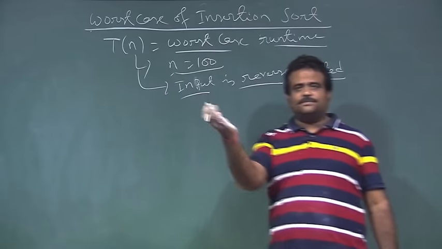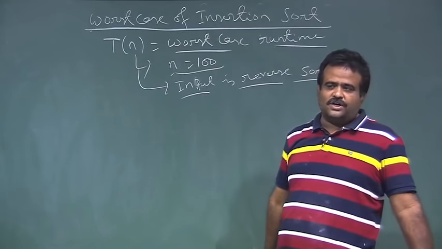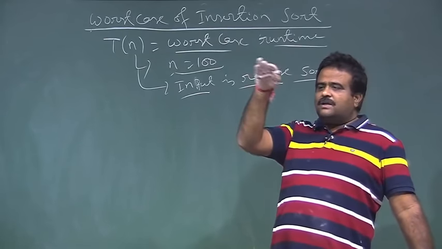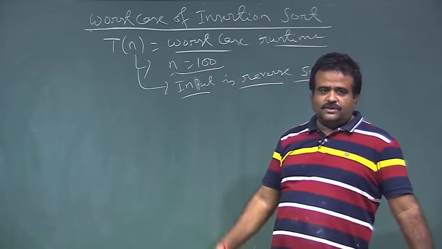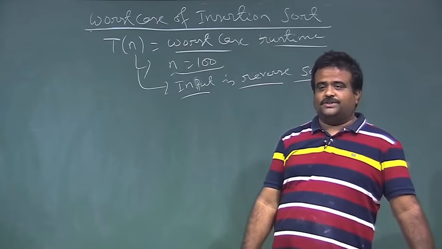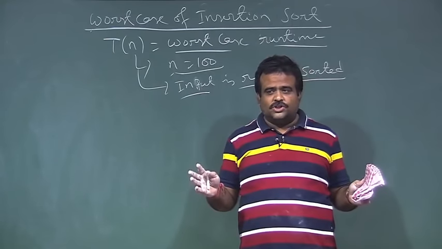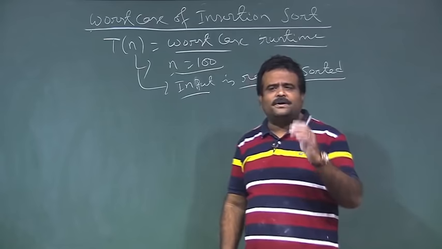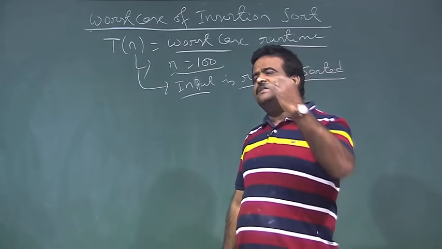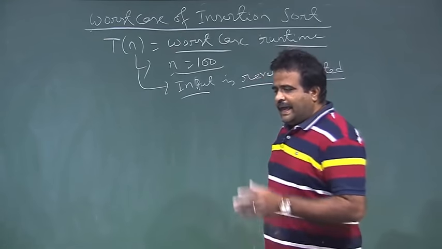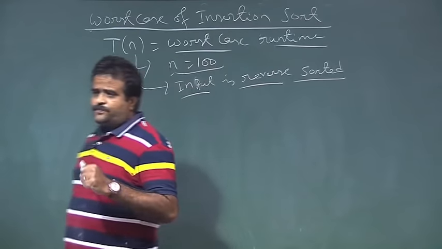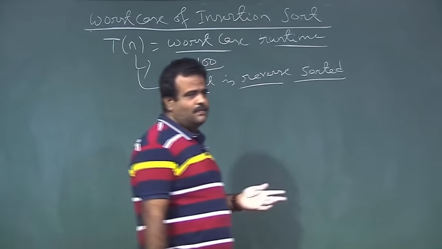We fix the size of the input, say 100 elements, and the inputs are in reverse sorted order. That is why it gives us the worst case. Now, tell me, if we fix these two situations, will the runtime depend on any other thing? Any other factor interfering in the runtime?